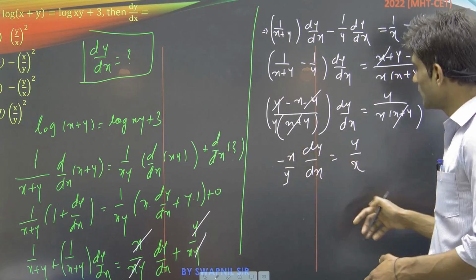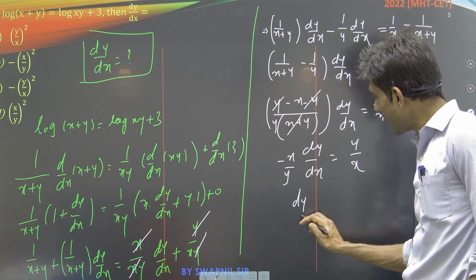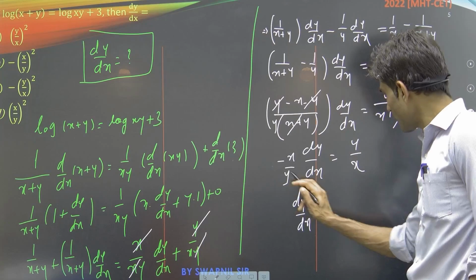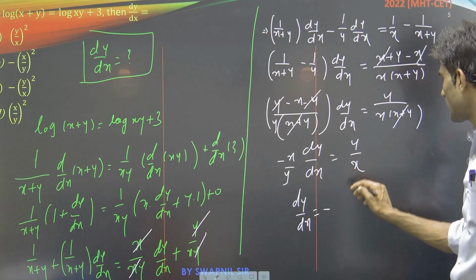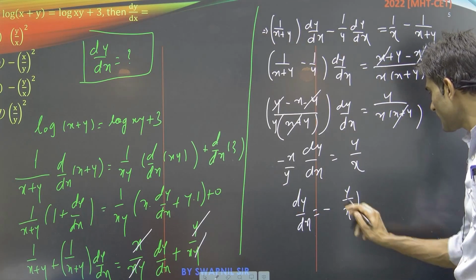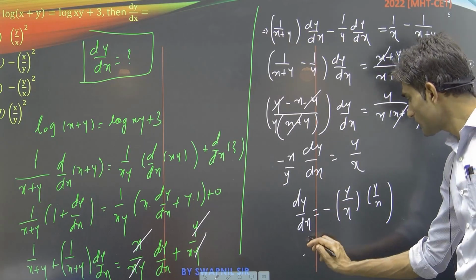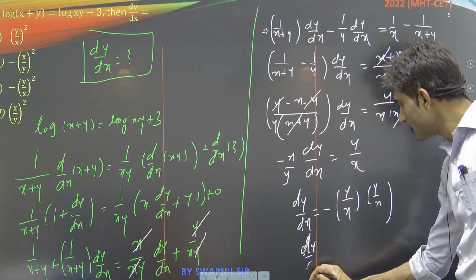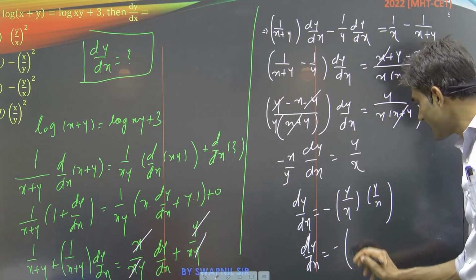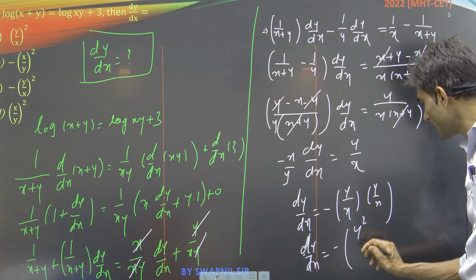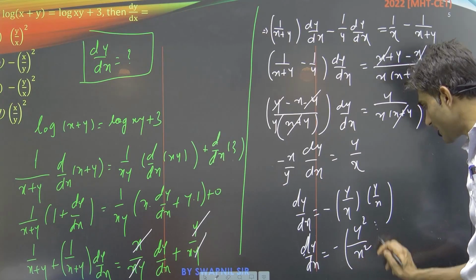Take this term to the other side, so dy by dx is equal to minus y by x, and this one is also y by x. So dy by dx can be written as minus y square upon x square.